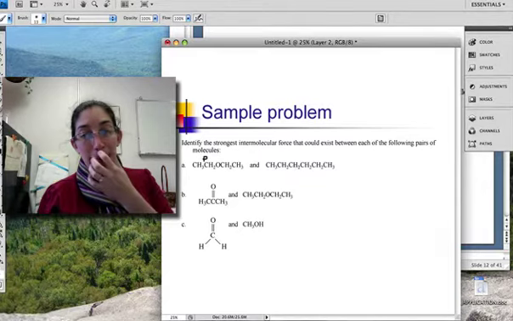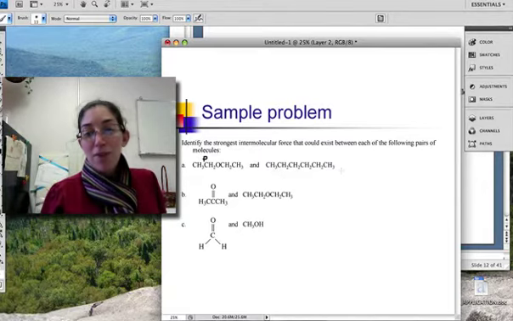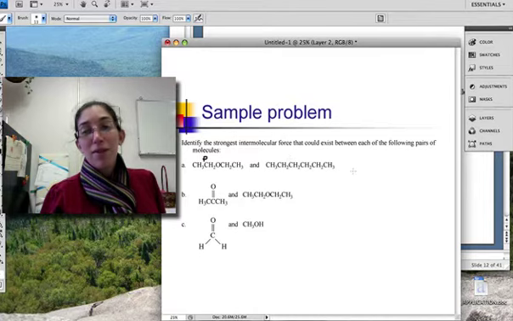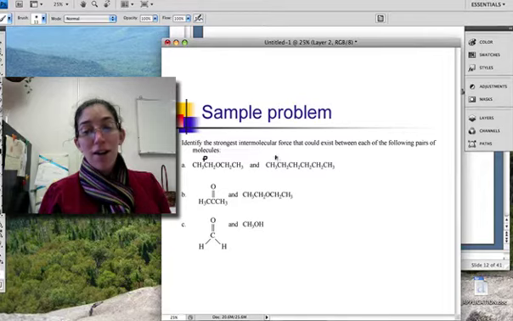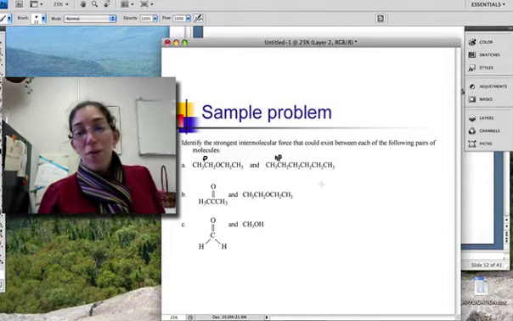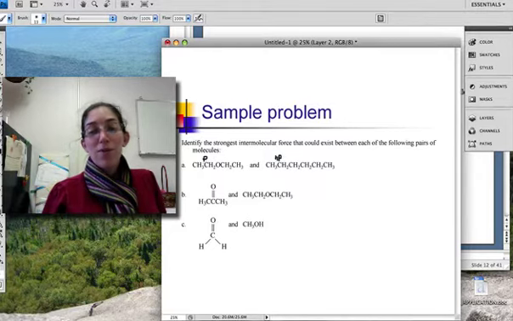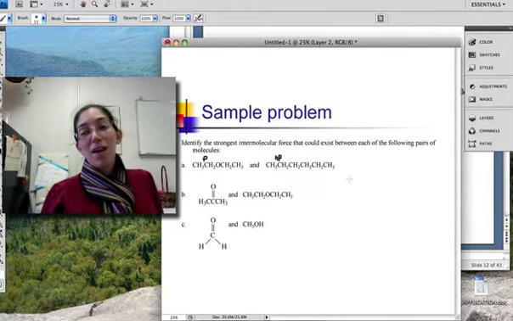All right. How about this one? Is it polar or nonpolar? Is there an oxygen, nitrogen, fluorine, or chlorine? No, this is nonpolar. It's all carbons and hydrogens, and all hydrocarbons are nonpolar. We talked about that in Chapter 4. So this one's nonpolar and this one's polar. So can they have dipole-dipole attractions?